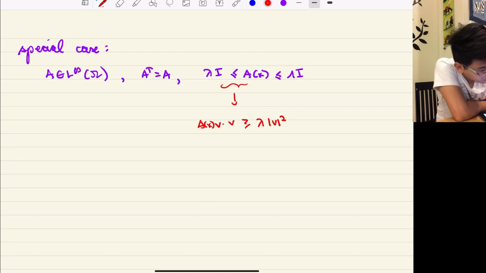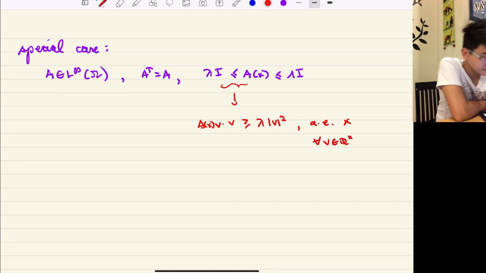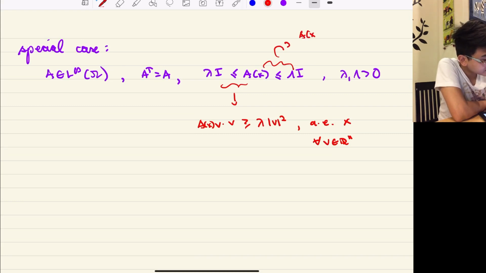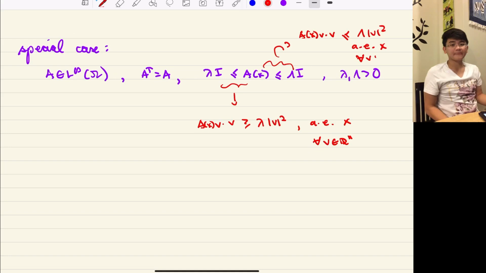So this is true for almost every x and for every vector v. Here lambda and big lambda are positive. So you can say something similar to this inequality here. This just means that A(x) v dot v is less than or equal to big lambda |v| squared for almost every x and for every vector v. Okay.